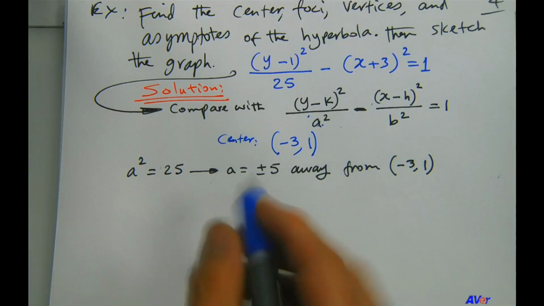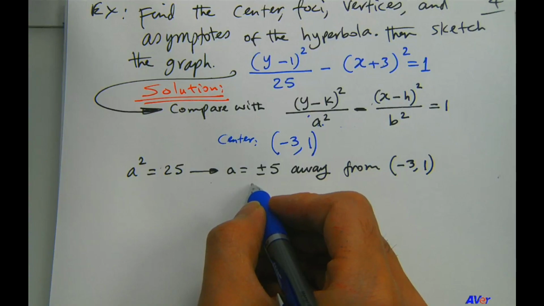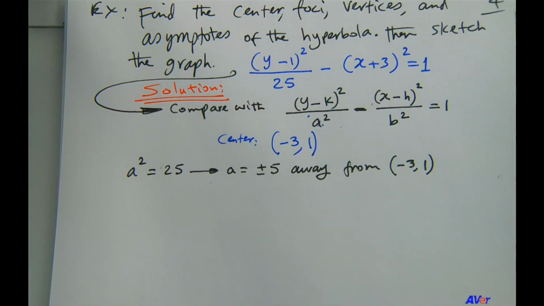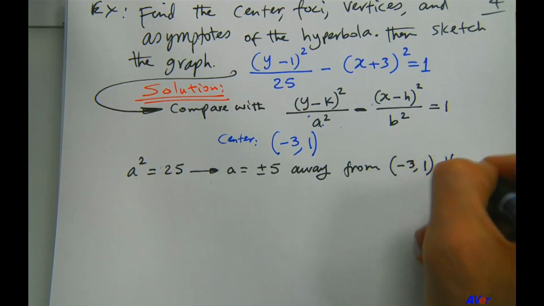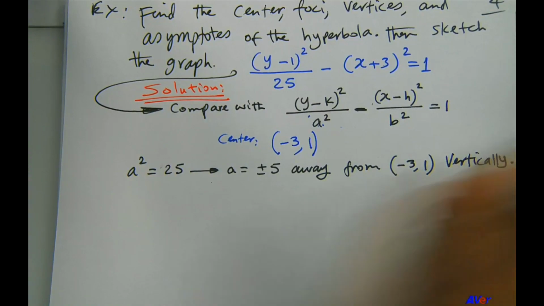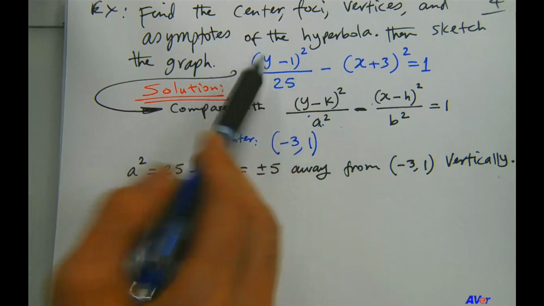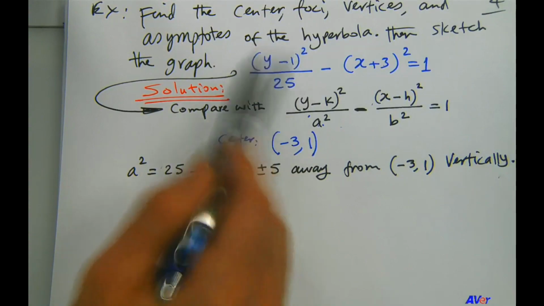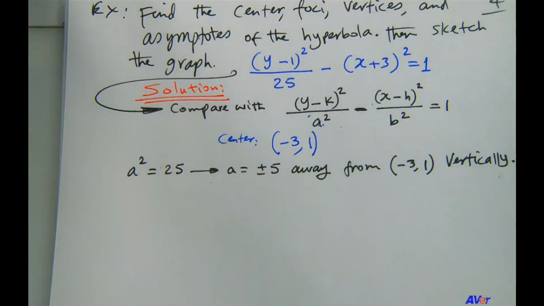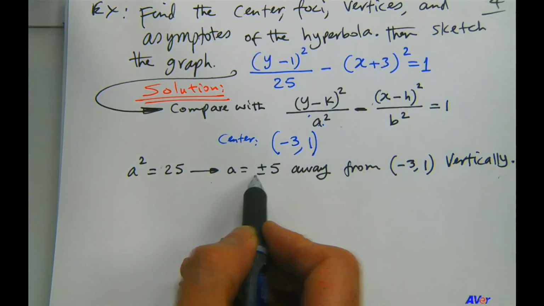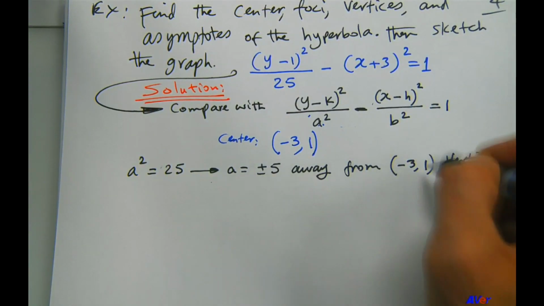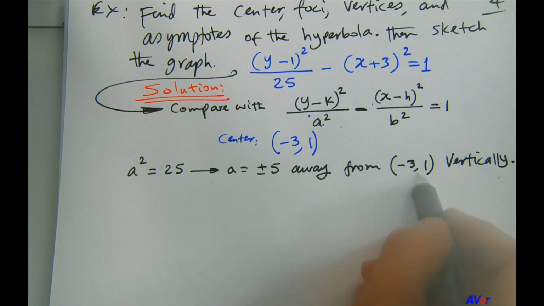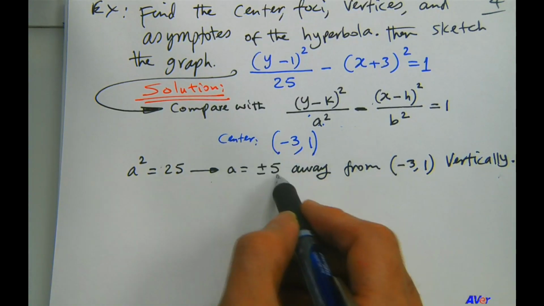So away from this vertically, again, because the quantity associated with the vertices is associated with the y squared term. So this is a vertical hyperbola, and this shift for the vertices should happen in the vertical direction with respect to the coordinates of the center. So that's the center, and the shift will happen vertically.